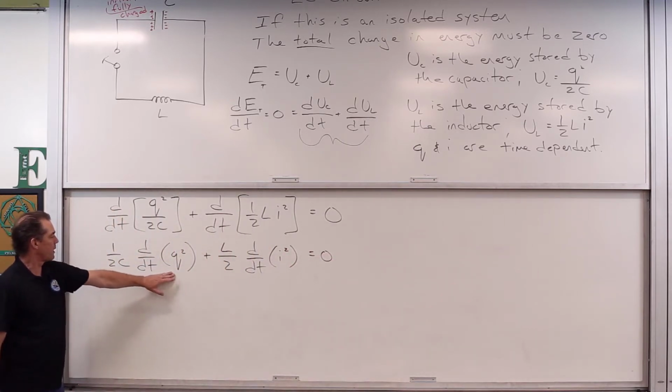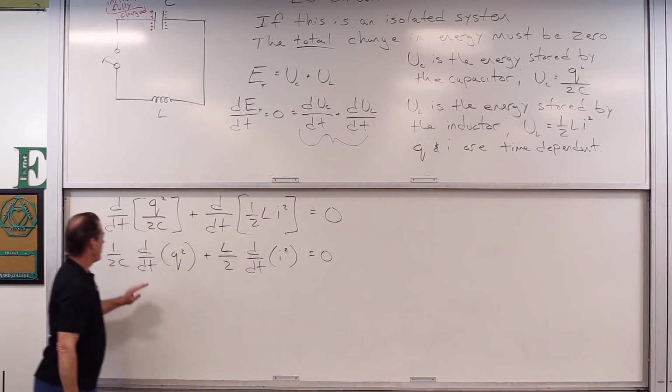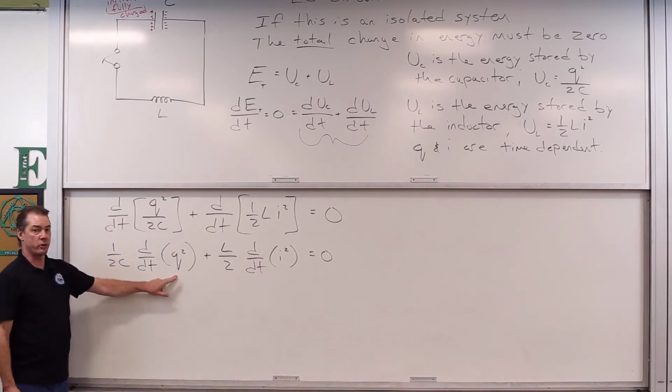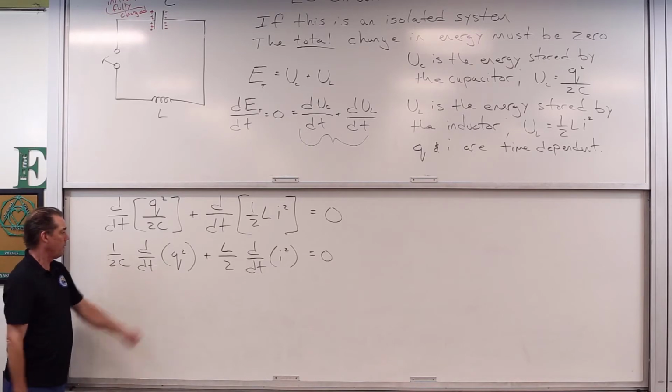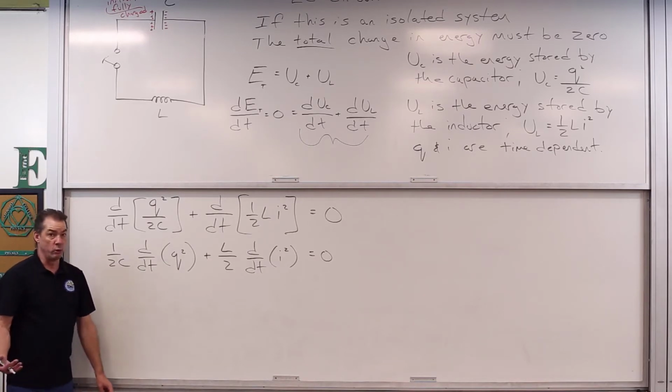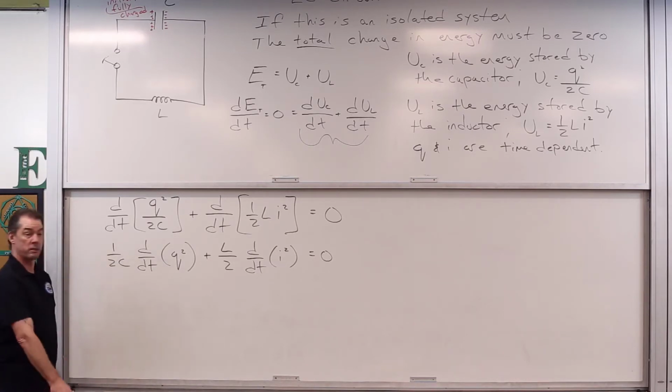I really just want to focus on these particular portions right here. The time derivative of q squared, where q is a function of time itself, is going to be 2q dq/dt. That's it.